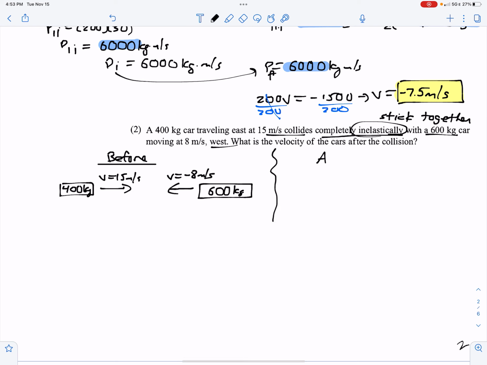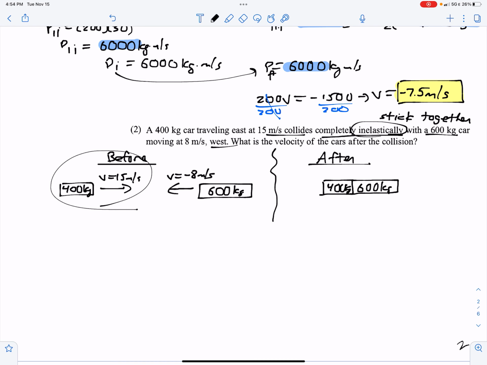Now after, the two masses stick together. 400 and 600, so they get a total mass of 1,000 kilograms. And if you think about it, there's more momentum coming from this one than this one, and you can figure it out.